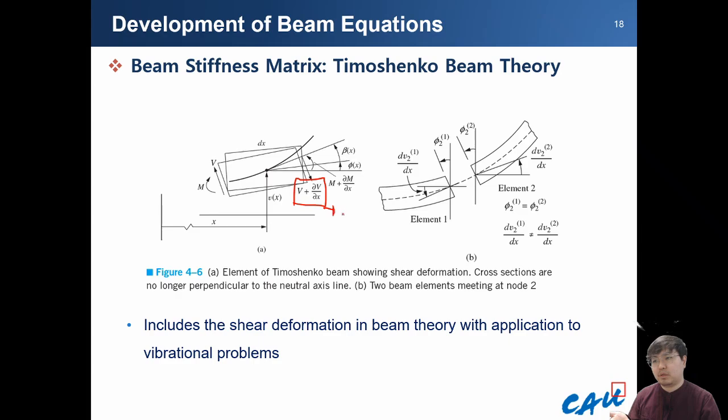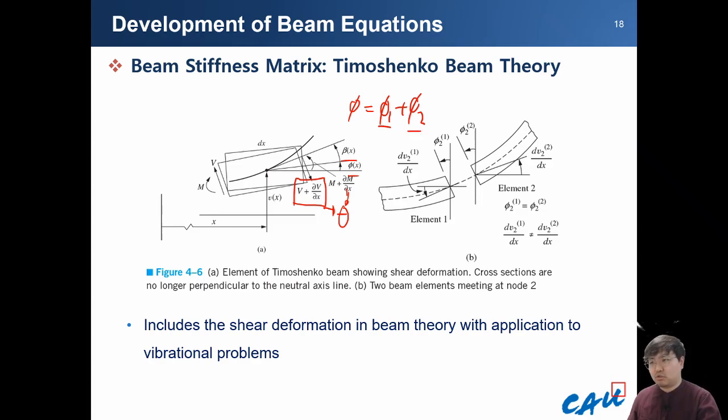In the previous Euler beam theory, all the theta rotation is generated by the moment. However, Timoshenko beam added one more rotational movement, one more angle contribution. The rotational angle is a summation of two effects: first the transverse forces, and then the moment behavior.